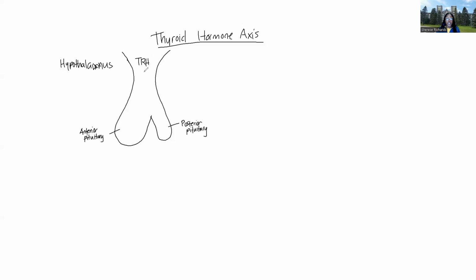So TRH, and I'm going to draw this in green just to represent that it is a stimulatory hormone, is going to stimulate the production of TSH from the anterior pituitary. All right, so now the anterior pituitary is going to release its TSH. And just to remind ourselves here, the route by which this is happening is the portal circulation. So let's just make a note of that, the portal circulation.